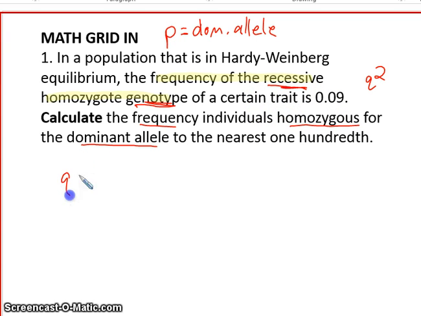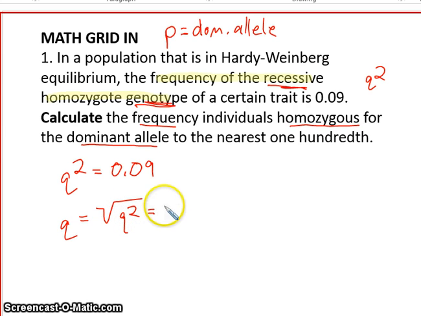So I know that my Q squared value is 0.09. The way I tell my students to approach these problems is mind your P's and Q's, solve for Q. Once you solve for Q, everything else can be fairly easy. So this one gives me my Q squared. How do I get Q from Q squared? Well, Q is the square root of Q squared.